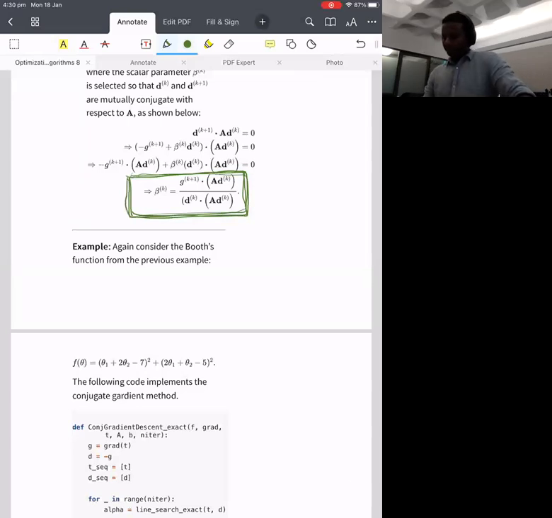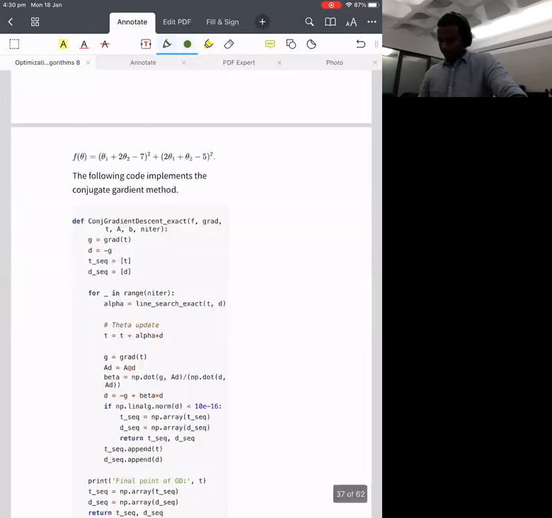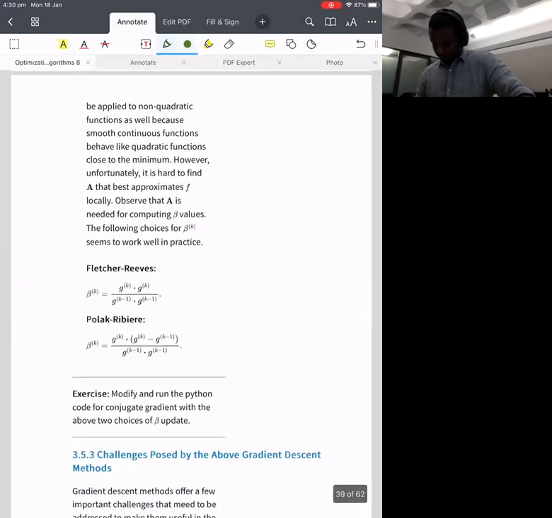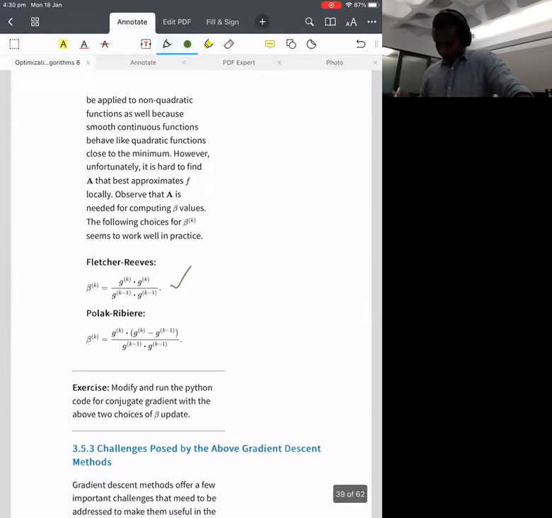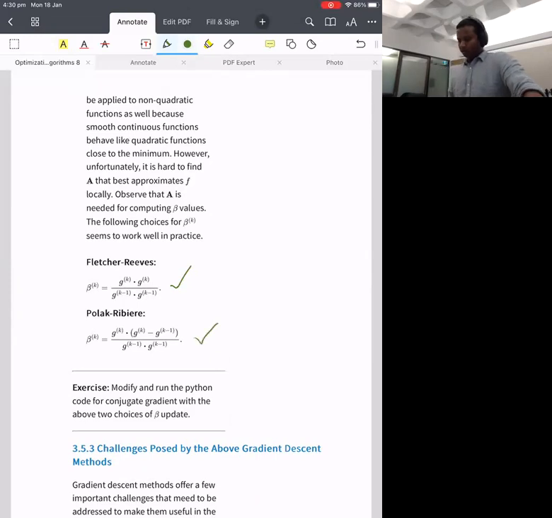We approximate beta k, which is exactly computable when it is a quadratic function, with two options. One is the Fletcher-Reeves approximation, and the other one is Polak-Ribiere. I don't know how to pronounce it, but these are the two options. When you have a non-quadratic function, you can try them and check which one works best.